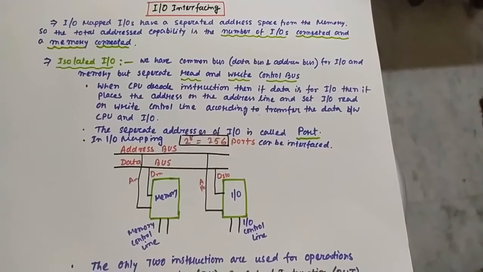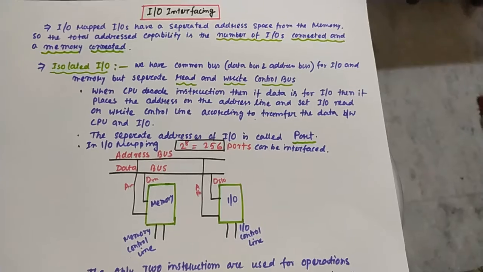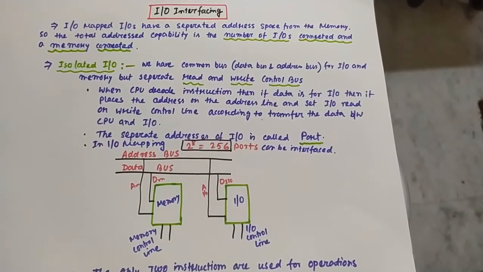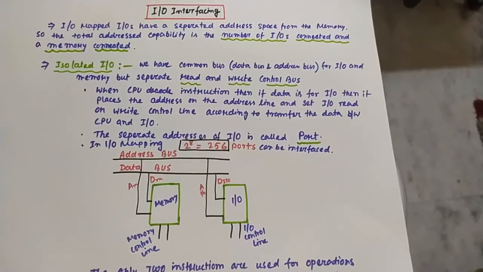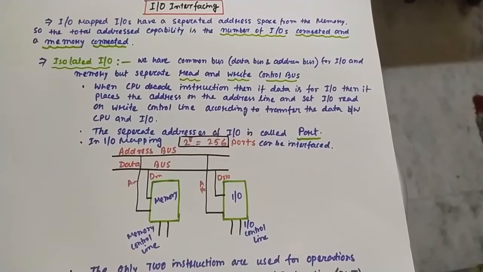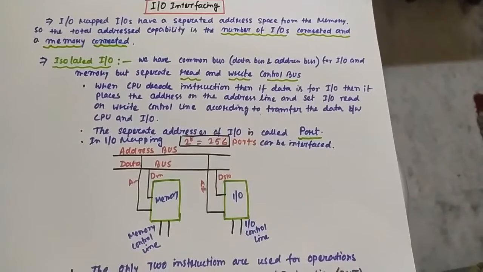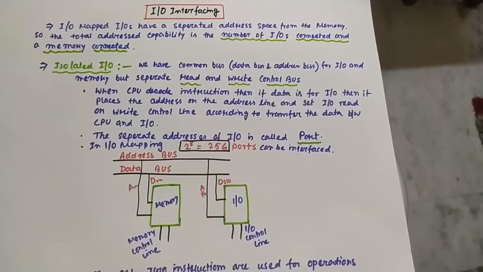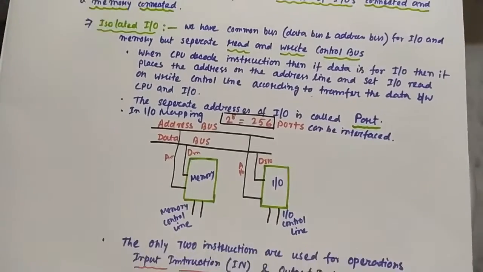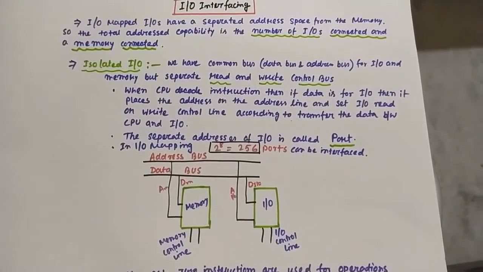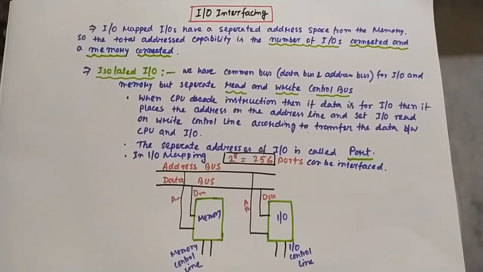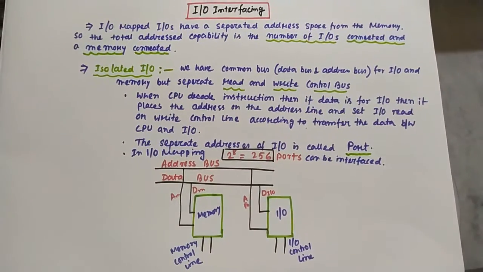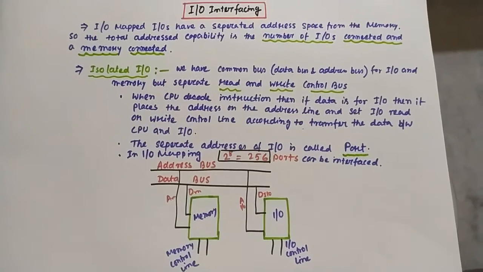So first, input-output interfacing, why is it required? Because this type of interfacing is required only when a microprocessor, or even a microcontroller or any processor, is going to point out any peripheral or input-output device. As in the case of a computer, the input-output device may be your keyboard, mouse, printer, LCD or LED display, like that.